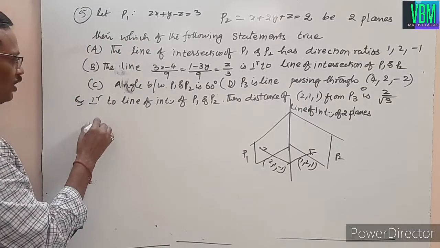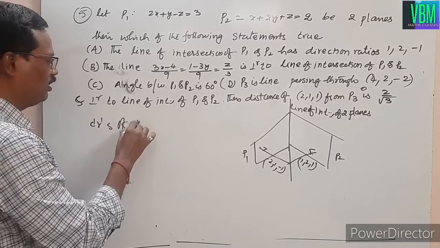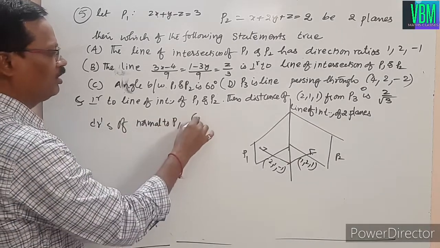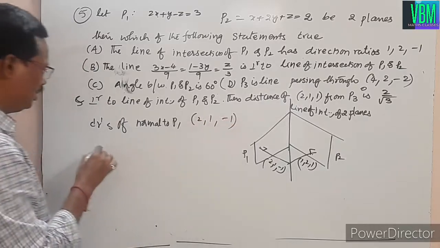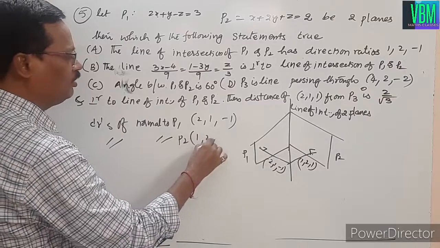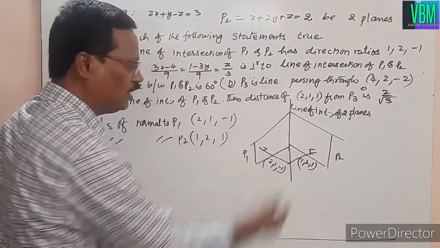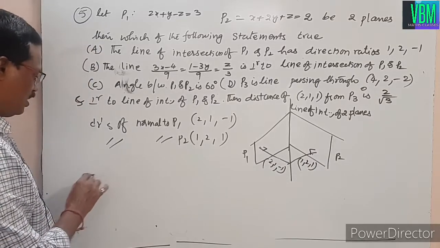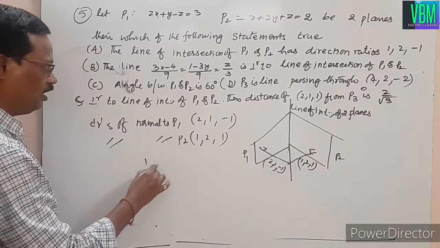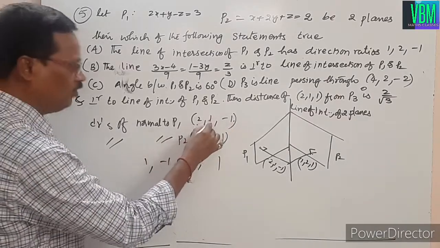Now here, DRs of normal to P1: 2, 1, minus 1, and DRs of normal to P2: 1, 2, 1. Now how do we get the line of intersection DRs? Write like this. Start with the second number: 1, minus 1, 2, 1; 1, minus 1, 2, 1.